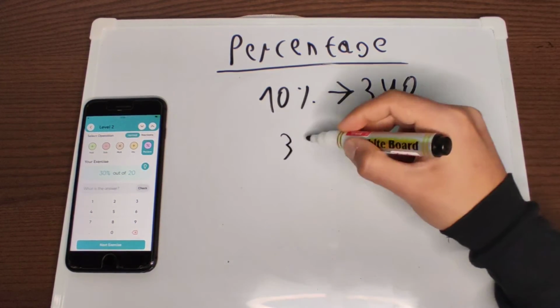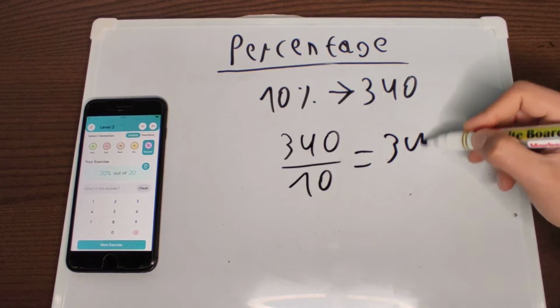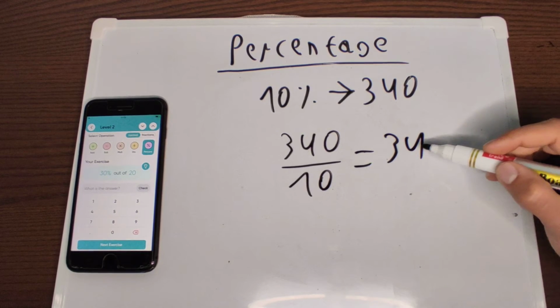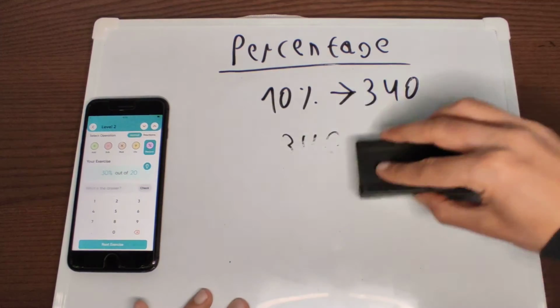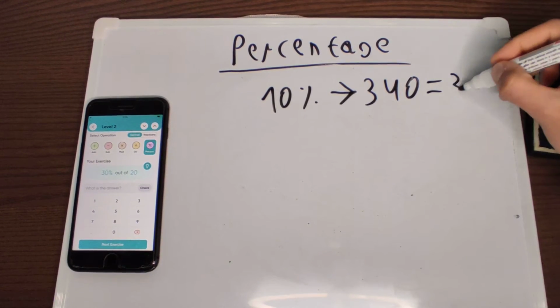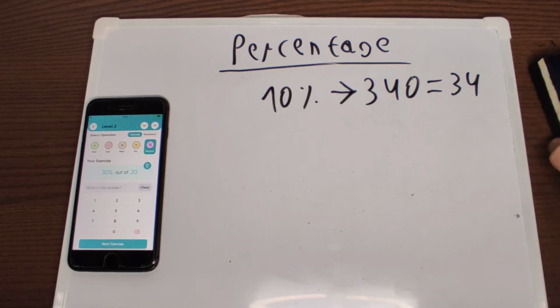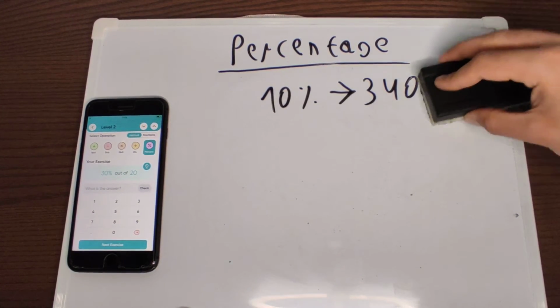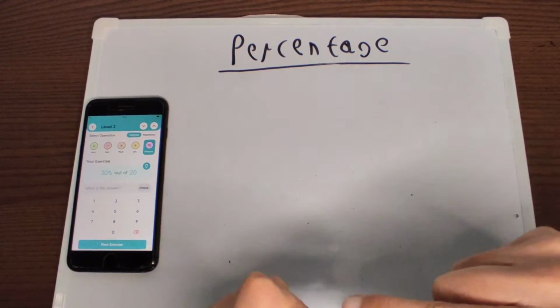So 340 divided by 10 is actually 34. So 10% out of this number is 34 as well. Easy to calculate 10%.